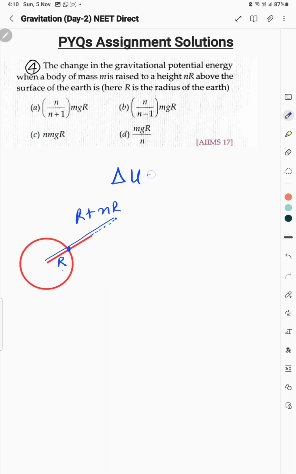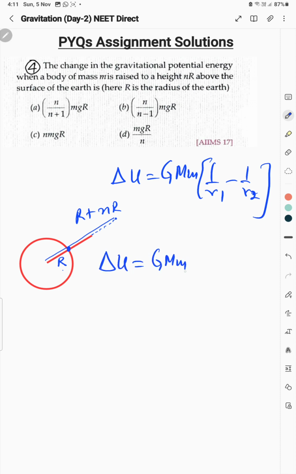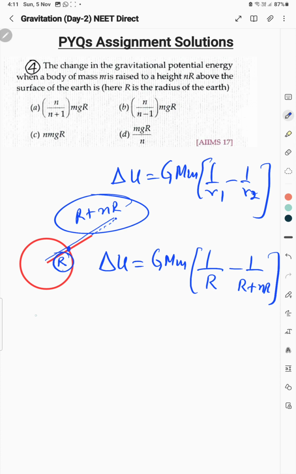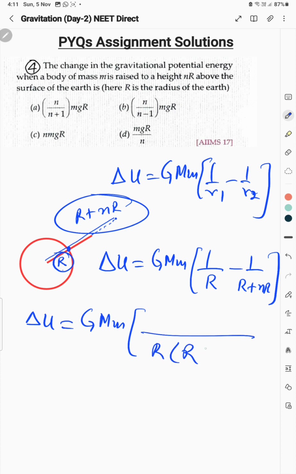Okay, let's use the formula GMm times 1 by r1 minus 1 by r2, right? This is a standard formula. Now, change in potential energy means GMm, where small m is the mass of the object that is being raised, all right? 1 by r1 means simply the initial position, that is capital R, minus 1 by r2, which is the final position, which means R plus nR. Let us further simplify this. In this GMm, you take the LCM, R times R plus nR, and simplify.